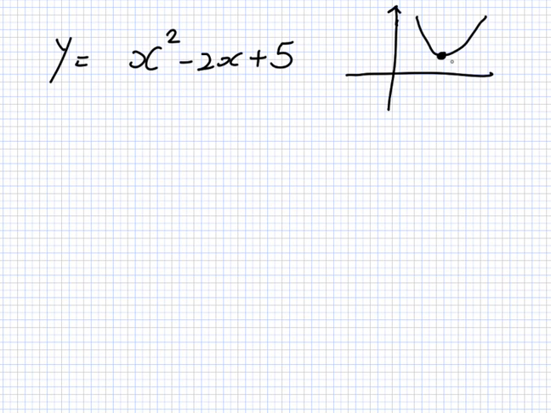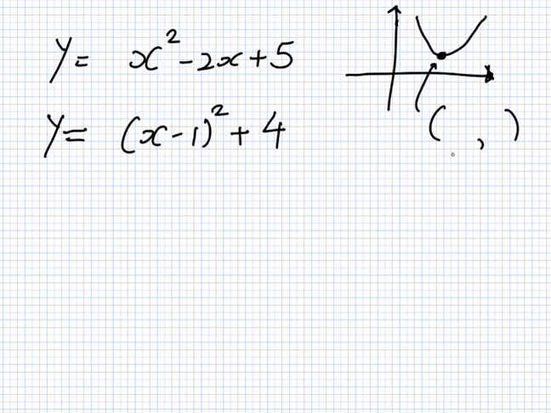What is it? Thank you, Lou. Complete the square. You remember this? So if I complete the square here, I get (x minus 1) squared plus 4. So what's this turning point here? What's the x and the y? 1 and 4.